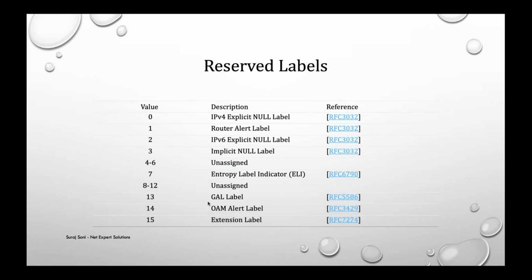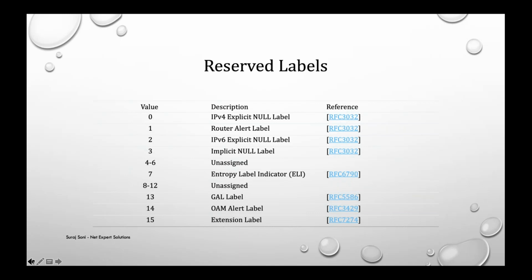So when we configure any MPLS based service, for example L2 VPN or L3 VPN, at that time we'll use OAM tools. Then 15 is the extension label, which is used for extending the label header. We are not going to get into that as of now.